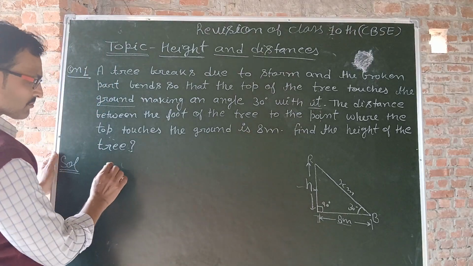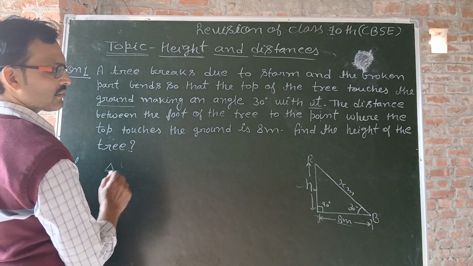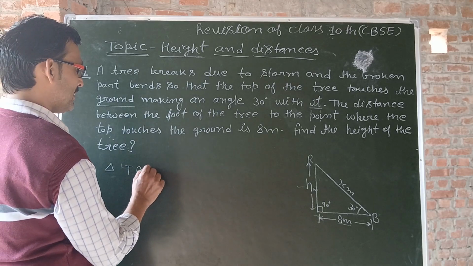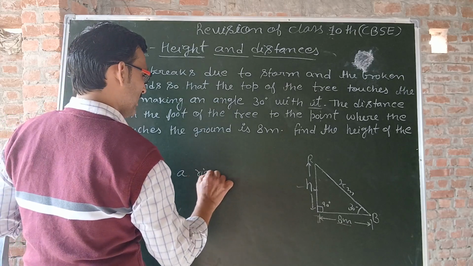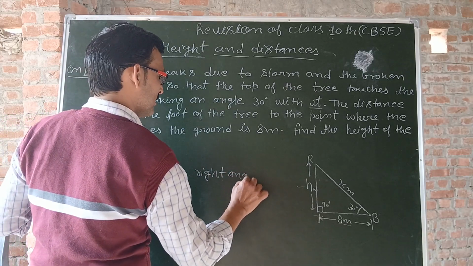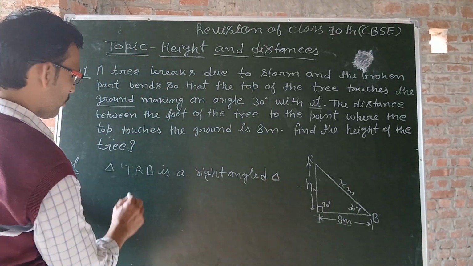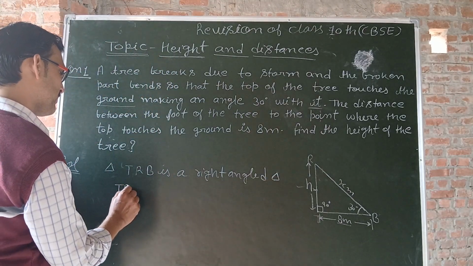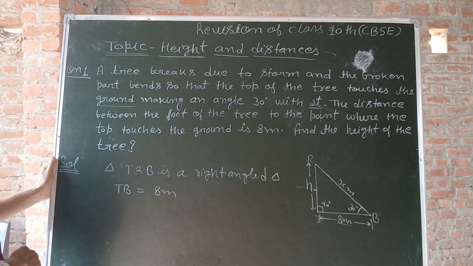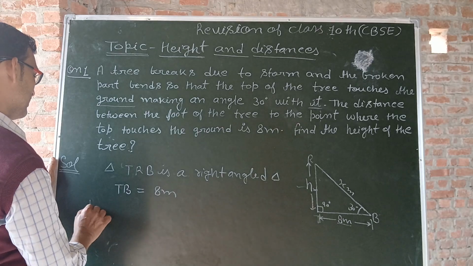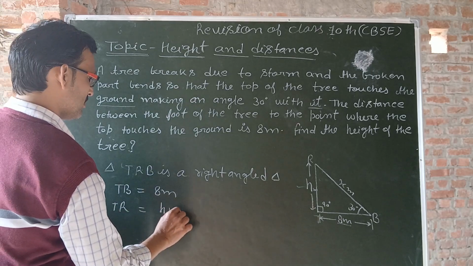So here triangle TRB is a right angle triangle. Now we know base TB equal to 8 meter. This is already given, and we suppose that TR equal to h meter.